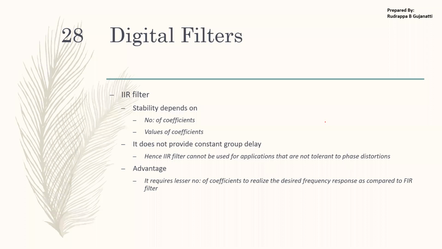Now, what is the advantage of such a filter? In the previous slide, we observed that for an FIR filter, the coefficients b_k can be very lengthy, and it might require a large number of coefficients. But an IIR filter requires a lesser number of coefficients in order to realize the frequency response we want. In comparison to an FIR filter, it requires very few coefficients.